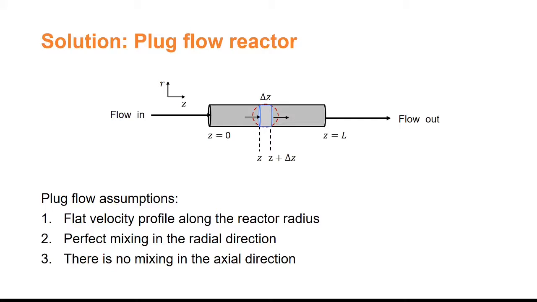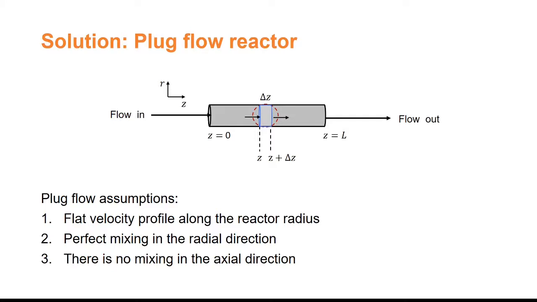So for example, if you have a fully developed flow and a quadratic velocity profile inside the reactor, the velocity of the fluid very close to the wall is very low, and touching the wall, we assume it is 0. And in the middle, you have the maximum velocity.